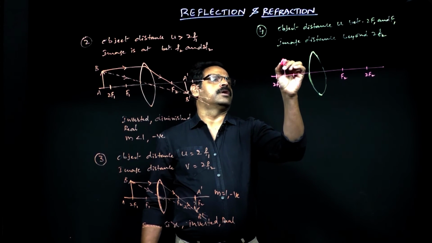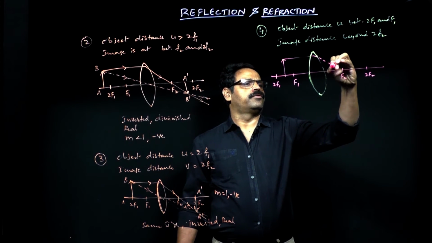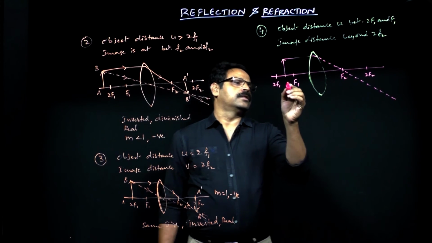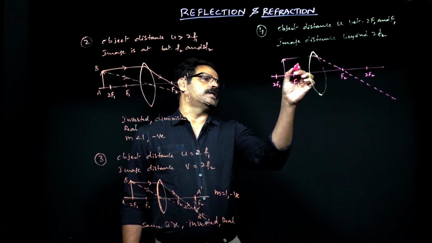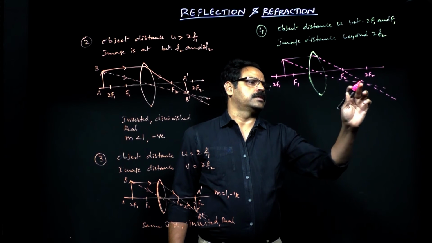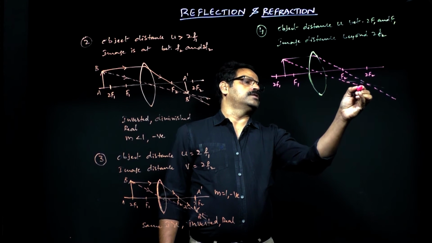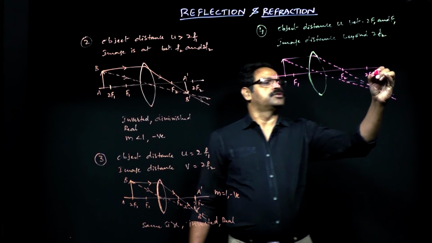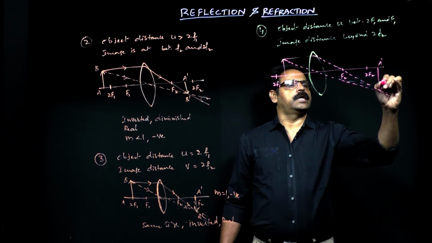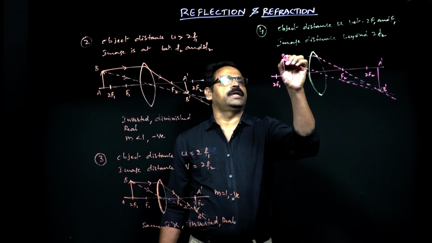A parallel ray falls on the lens and goes through the focus, and the ray passing through the center travels straight. If you join the rays here, you get A dash B dash, and let us say this is AB.